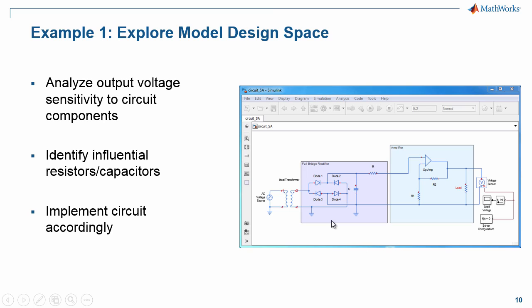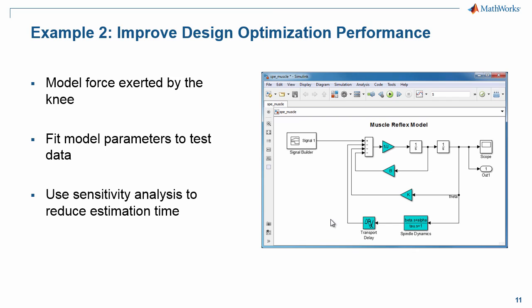So far, we've seen how you can use Monte Carlo simulations and sensitivity analysis to explore your design space. Now let's see how you can use it to improve response optimization and parameter estimation performance. We'll be using the documentation example for estimating the parameters for a muscle reflex model.